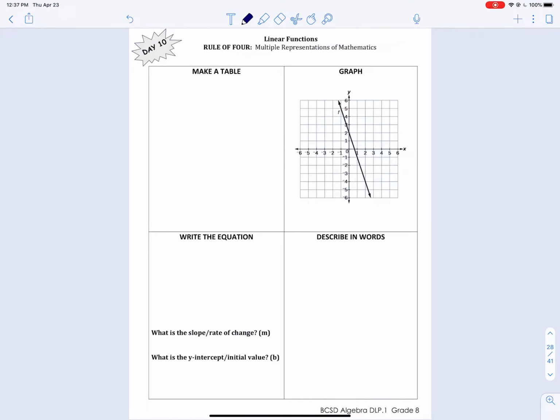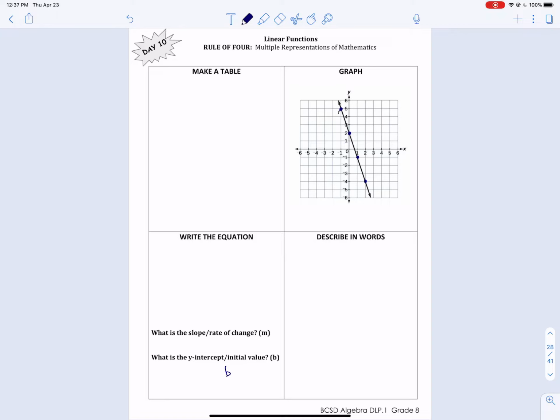Okay, so another rule of 4. Same exact thing. This time they don't actually put dots on the points for the graph, but you can see that there is a point where they cross over the grids exactly. So there's actually 4 that you can put in your table. And again, for the equation, we need to know the y-intercept, which is 2.